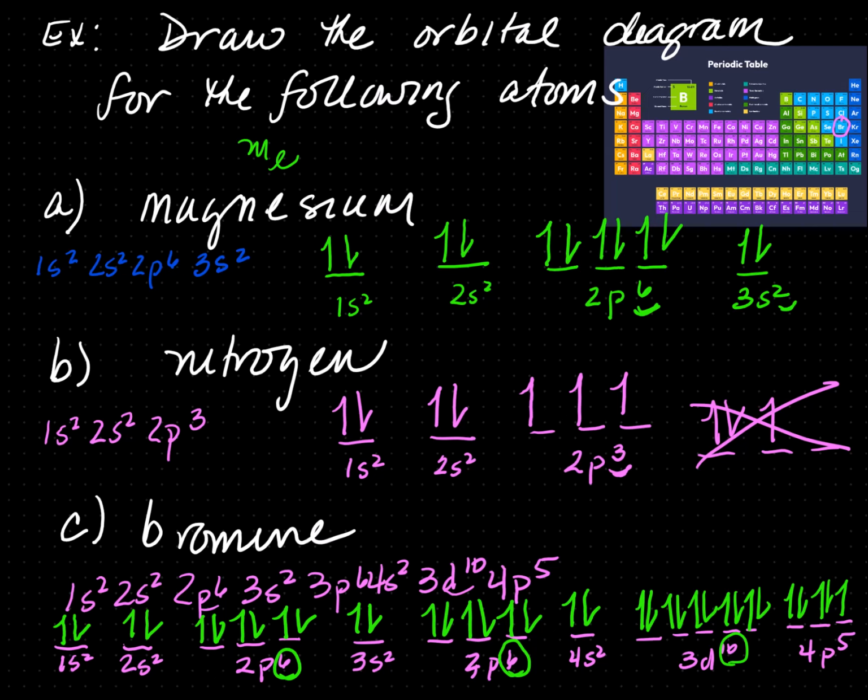All S's have 1 orientation. All P's have 3. All D's have 5. All F's have 7. Pauli's exclusion principle states that the electrons must be paired in opposite directions because no 2 electrons can have the same set of quantum numbers.